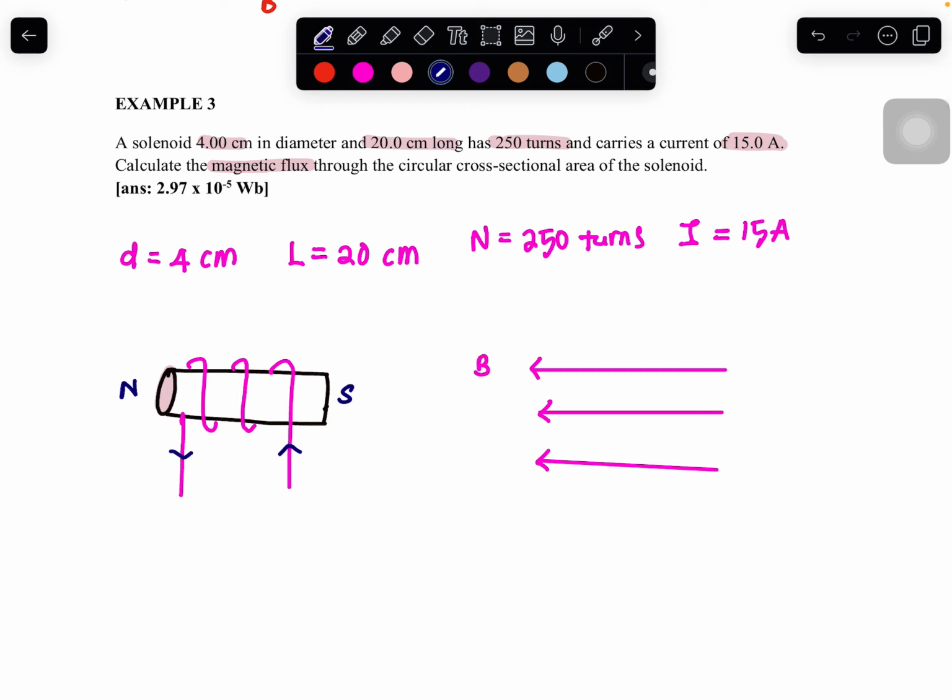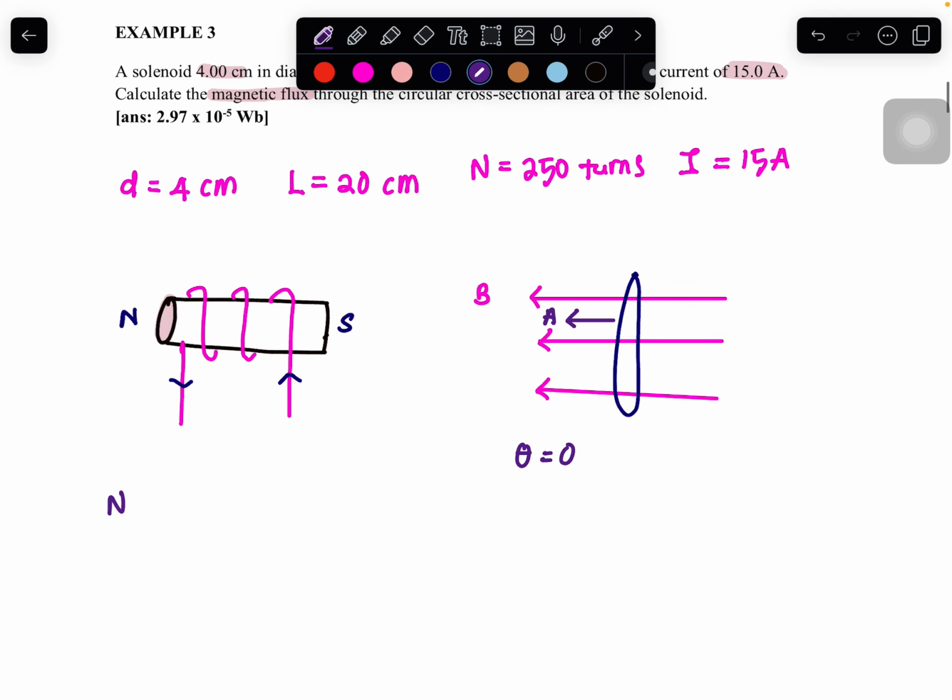Now our cross sectional area is like this. This is the plane of the conductor, meaning that our area will be like this. So the angle between B and A is equal to 0. If we want to find magnetic flux, it will be equal to BA cos theta.